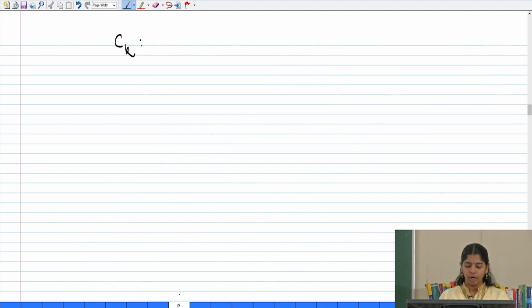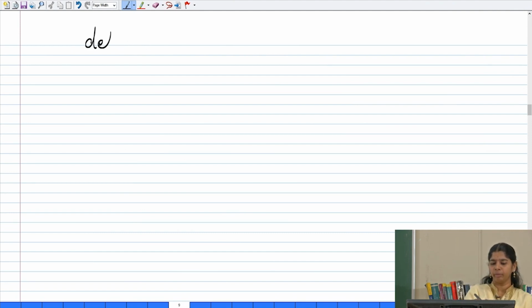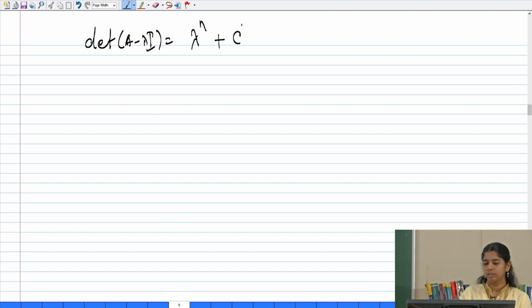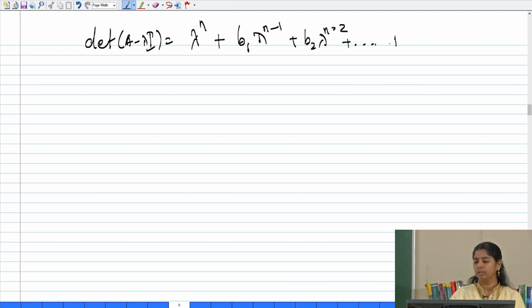What about my other polynomial representation? We have already seen this: suppose I look at the determinant of A minus lambda I in this fashion, I will just rewrite this formula: lambda power n plus b1 lambda power n minus 1 plus b2 lambda power n minus 2 and so on, up to bn.